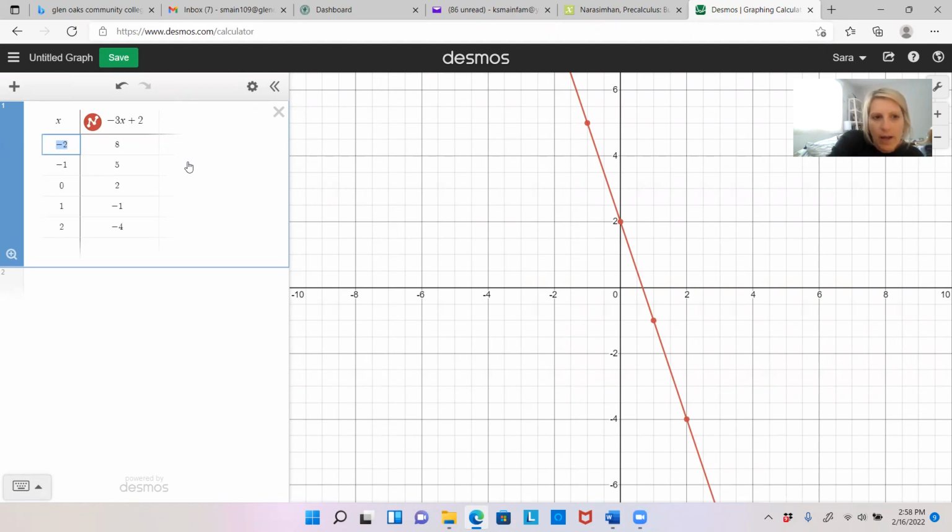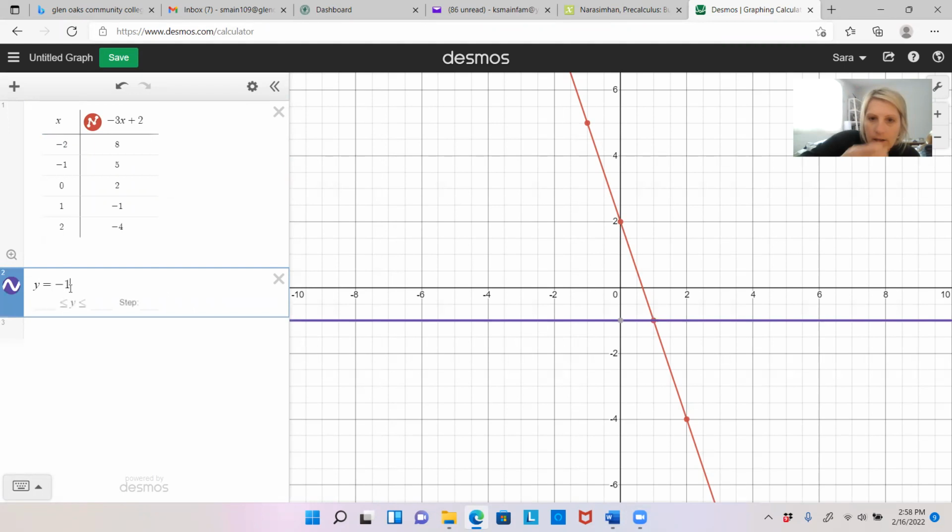And you can go the other way, that when y is negative 1, we could put the line at y equals negative 1, and we would see that it never goes through another point. And so we can visually see that this is a one-to-one function.